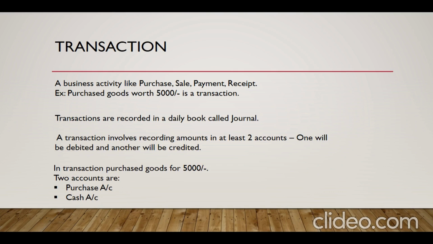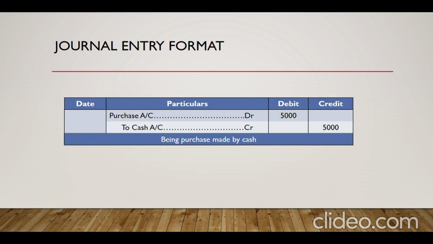And we record the transaction in a journal book in the following manner. We debit the purchase account and specify the amount in the debit column and credit the cash account for the same amount. So why did I debit the purchase account and credit the cash account?